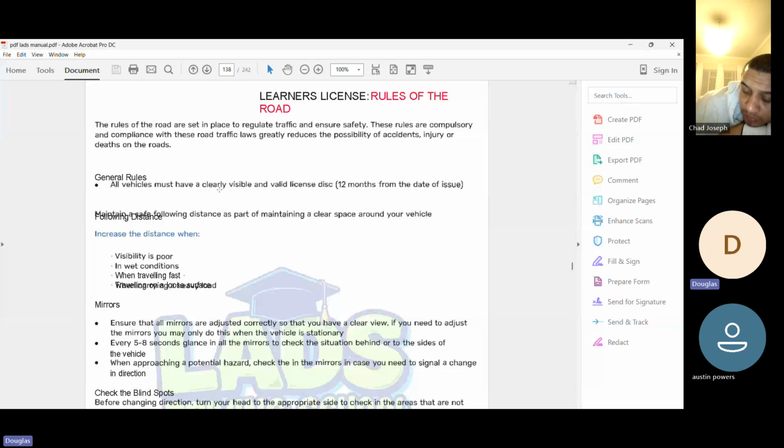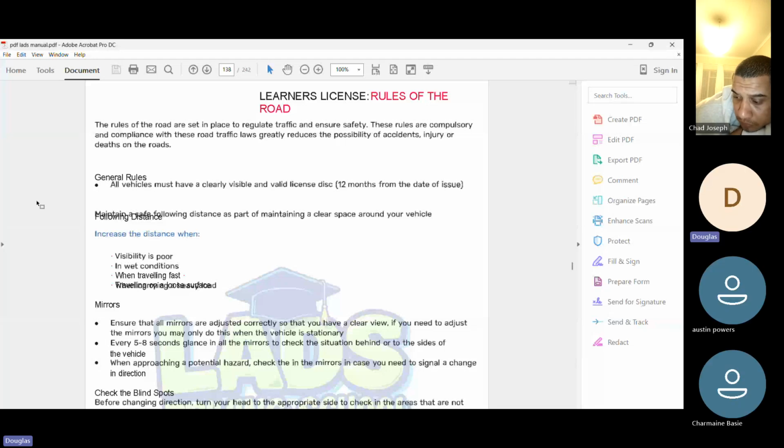But either way, there needs to be a license plate. Some cars, like Ferraris, are permitted to have one license plate. So depending on whichever car you're driving, the rules might apply differently to your car, but at the end of the day, you need to have a disc and a number plate.